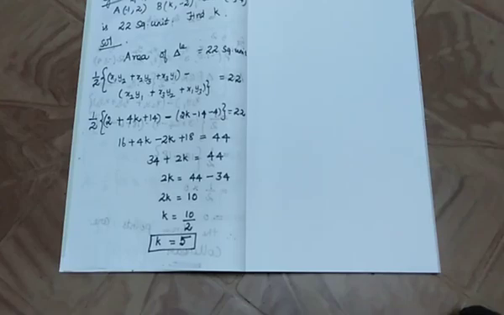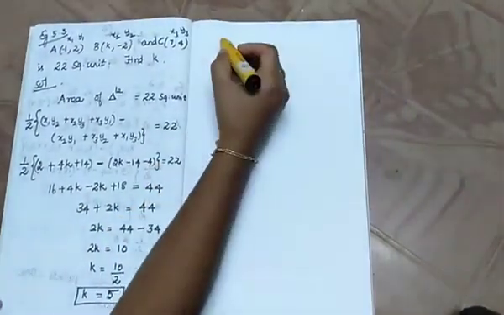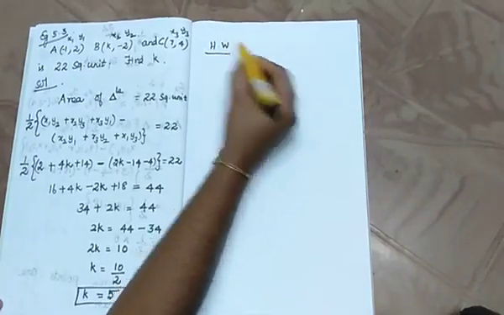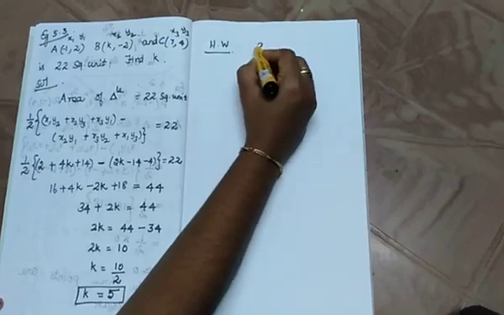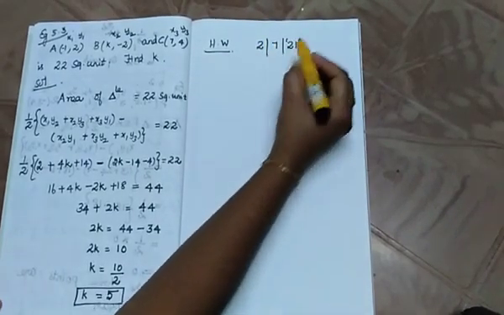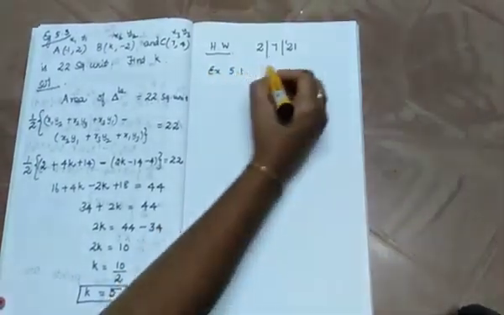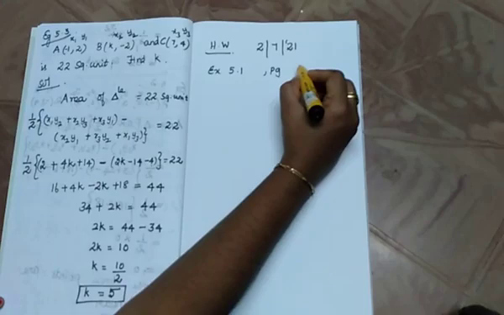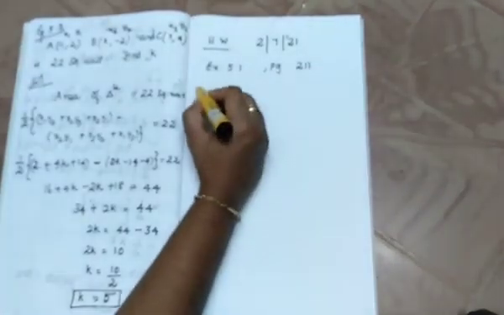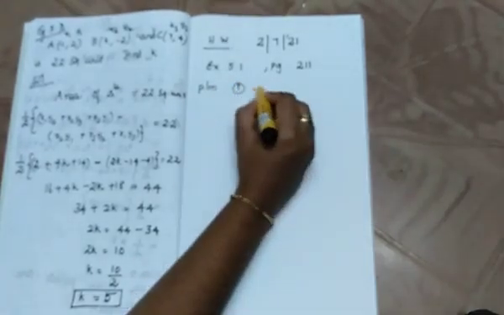So the next step is you will get a homework. As homework, exercise 5.1, page number 211, problem number 1.